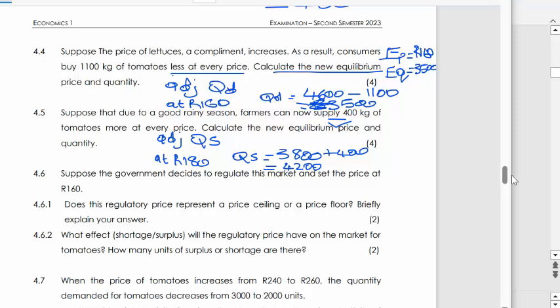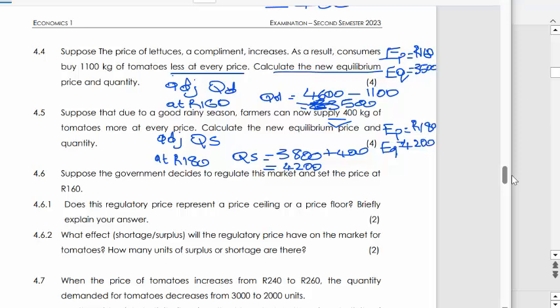And if we then write it as a solution, remember we are just looking for the equilibrium price. So the equilibrium price is equal to 180, and the equilibrium quantity will be equal to 4,200. So we are done with that question.